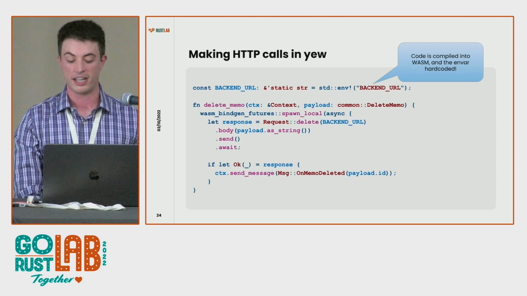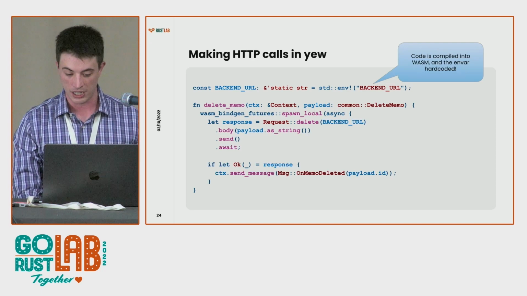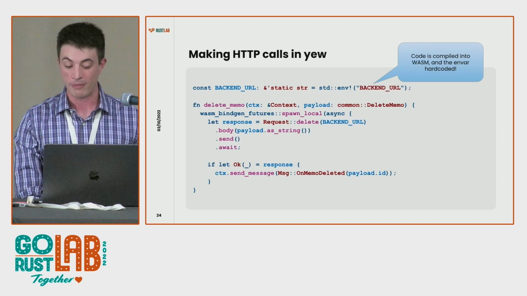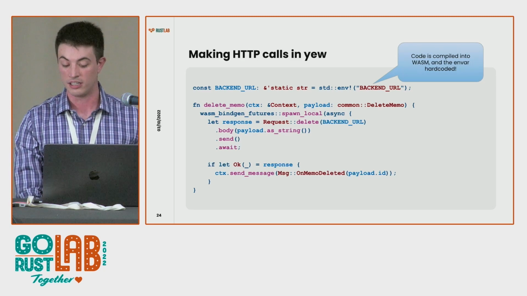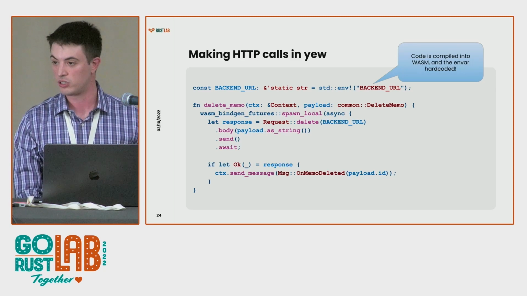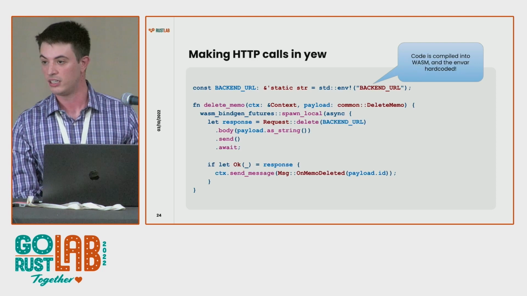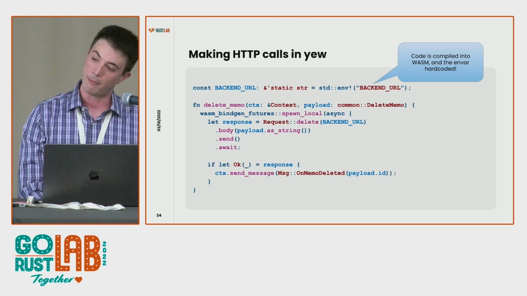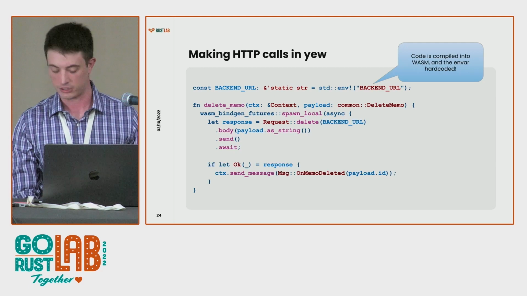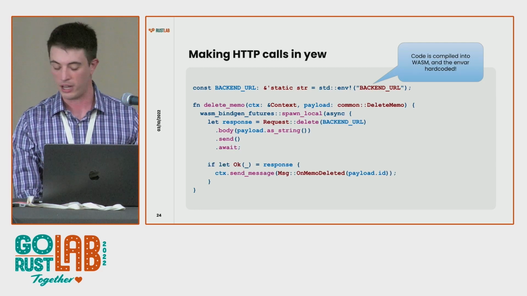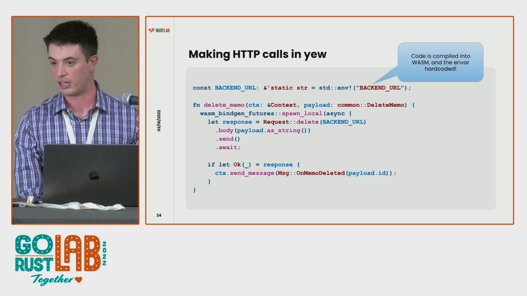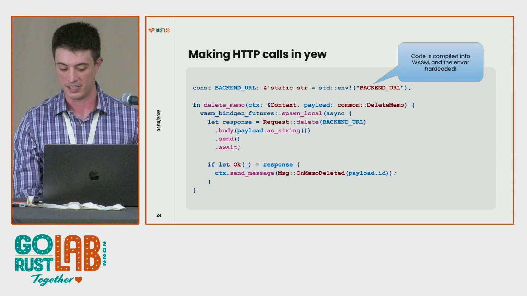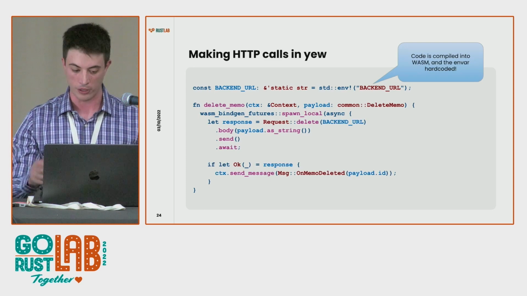We send it, and then if everything is fine, we send again a message to the runtime, to the component itself, saying the memo was deleted, and obviously this message needs to be listened to by the component to actually react to it. In this case, probably when this event is listened to, what we want to do is delete that particular payload from the list that is stored in the app component.